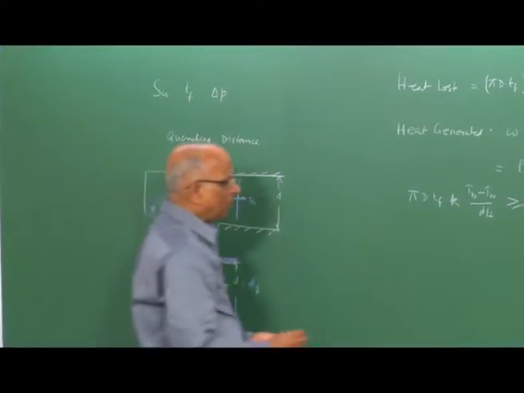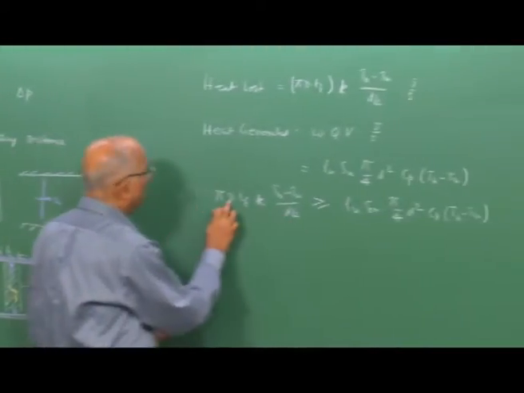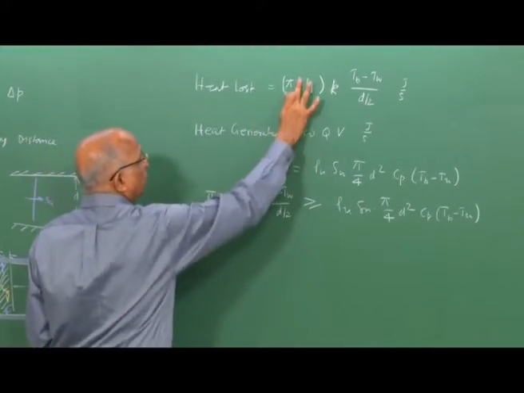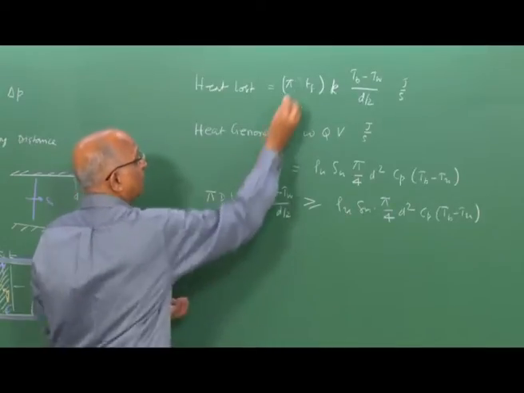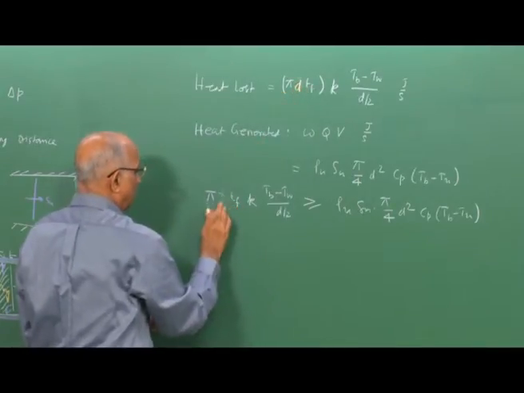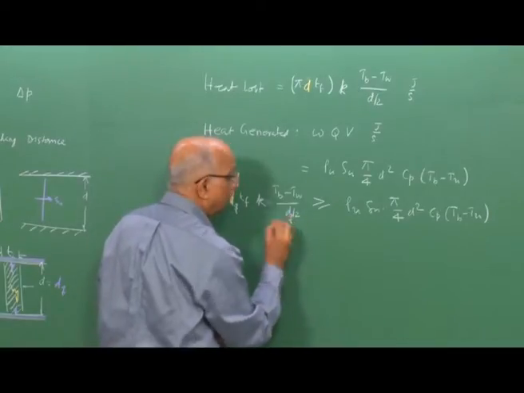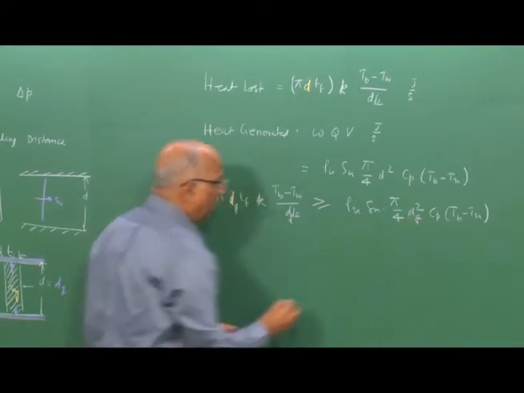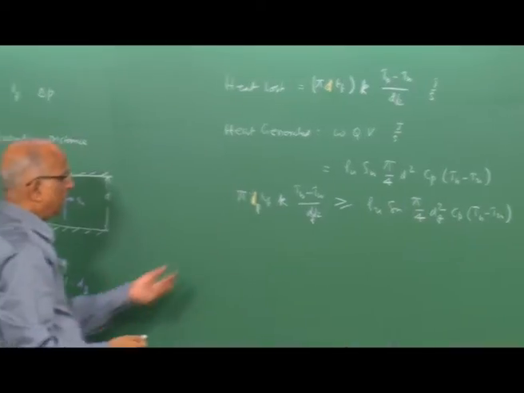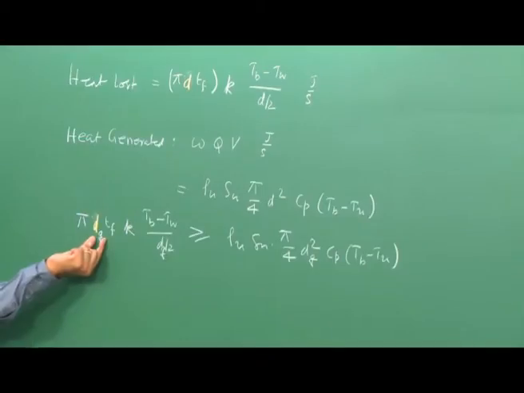This should have been small d over here, because that is the diameter I am considering. Therefore, I have to solve this expression to determine the value of the quenching thickness.